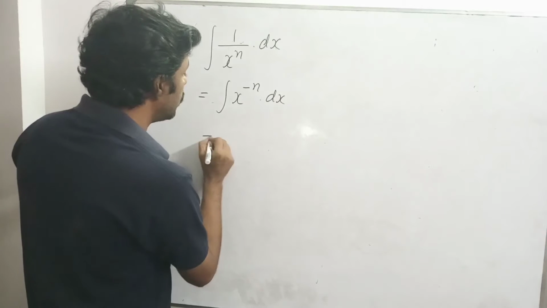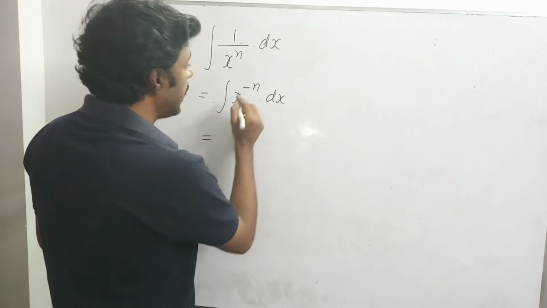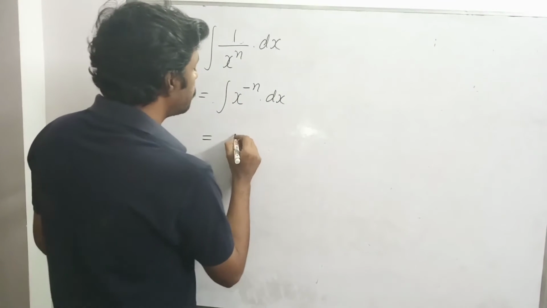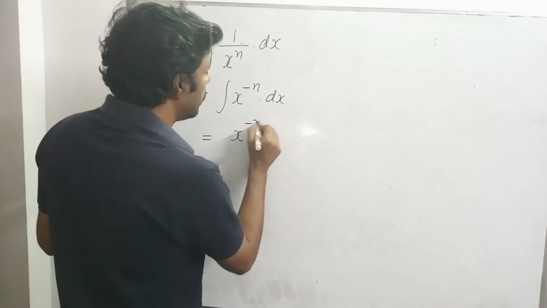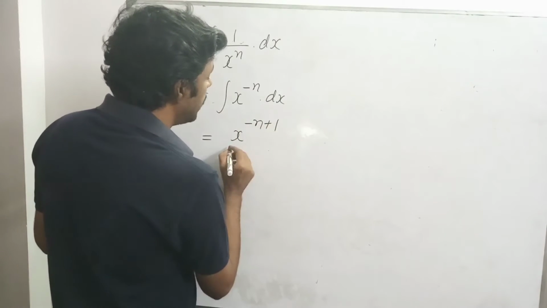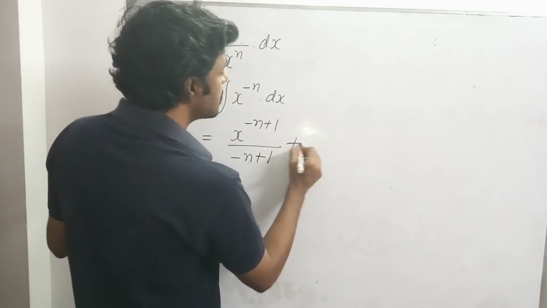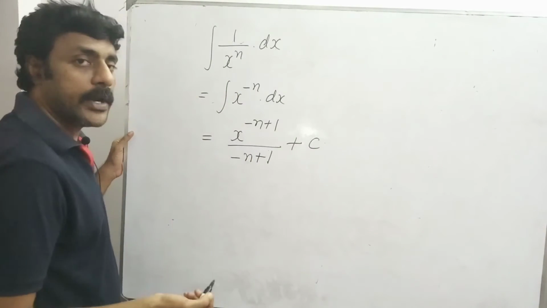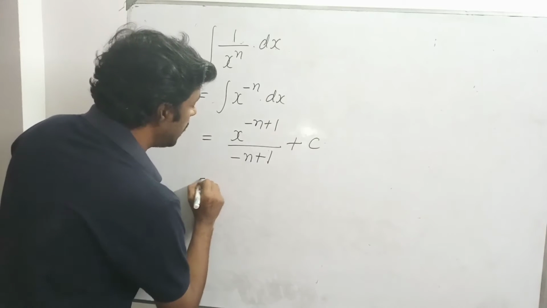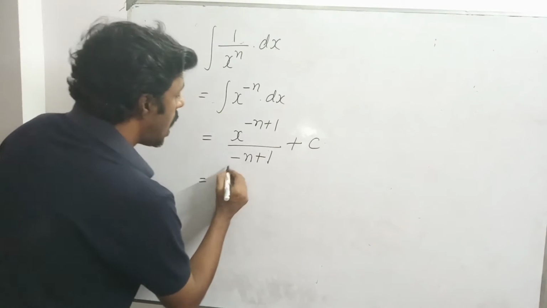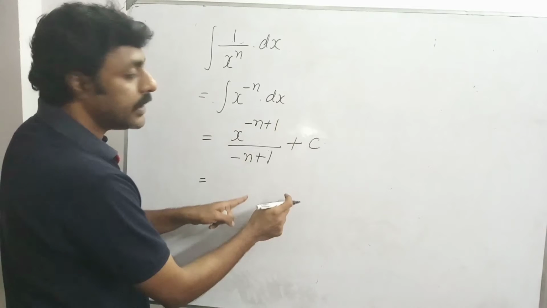So what I am going to do is integral x power minus n into dx is equal to x power minus n plus 1 divided by minus n plus 1 plus c. Now I am going to bring this part to the denominator.